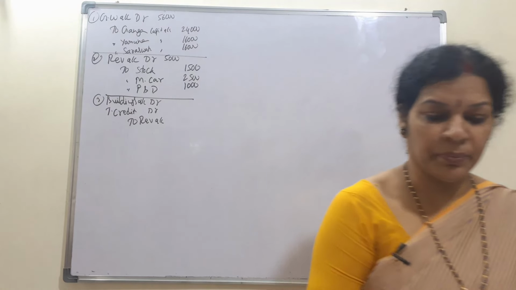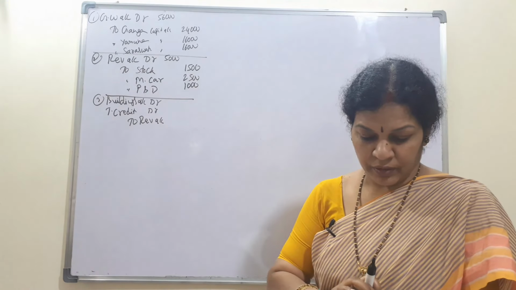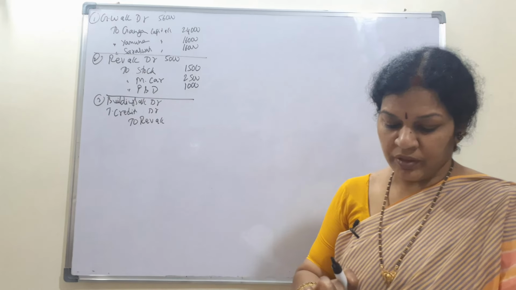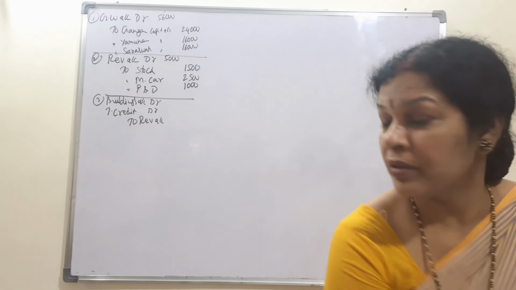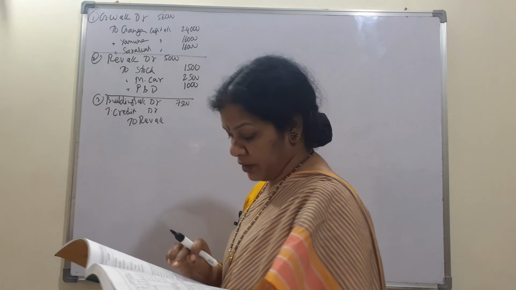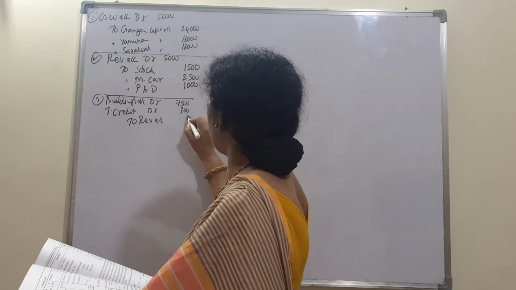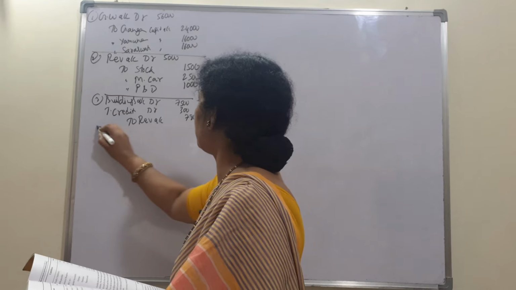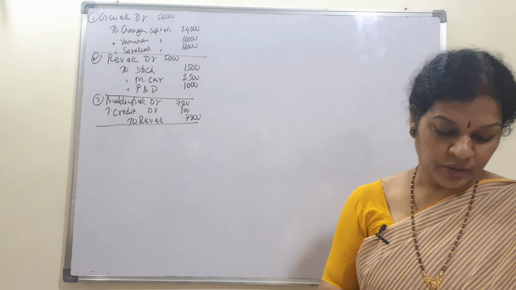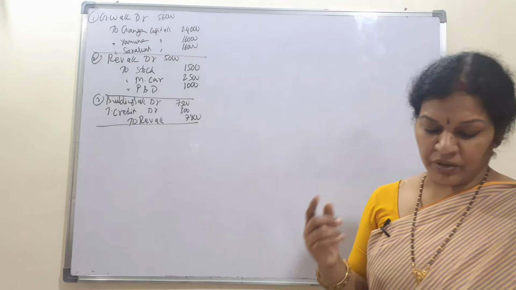Buildings are 50,000. 50,000 into 15% is 7,500, and trade creditors are to be reduced by 300. So total 7,800. Goodwill is over, depreciation, bad debts, building appreciation, trade creditors is over.